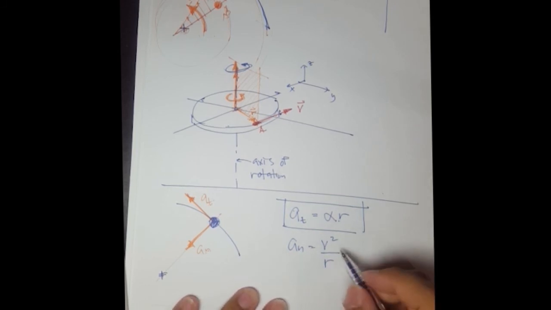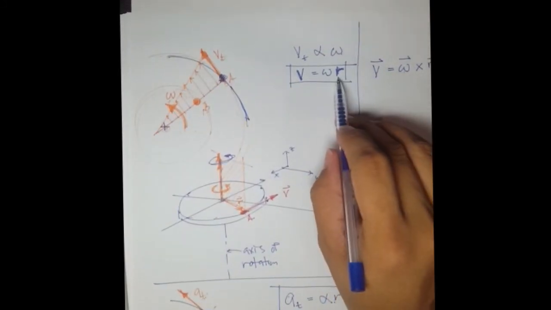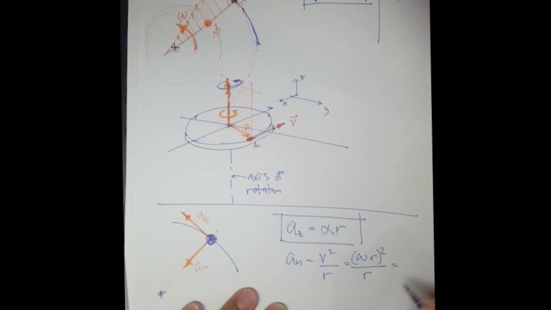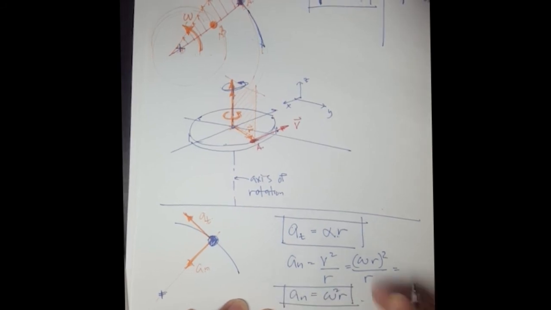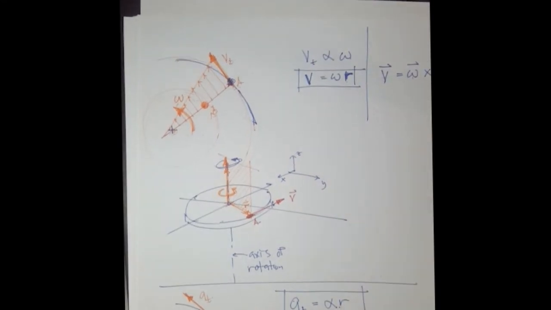But what is v? v is just omega times r, squared, all over r, so you get omega squared r. Alright, so this is the acceleration component, and this is the velocity component.